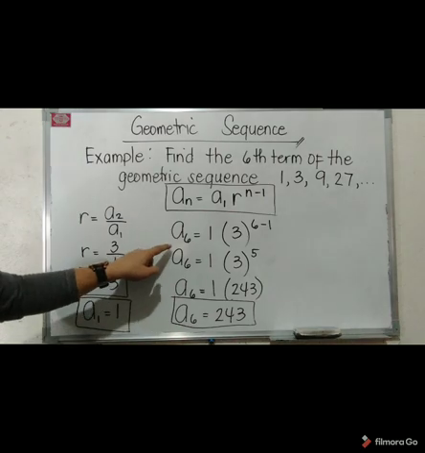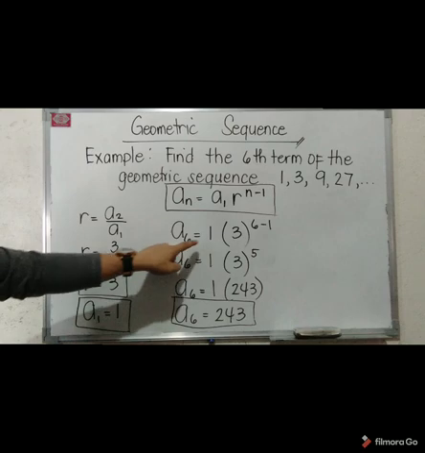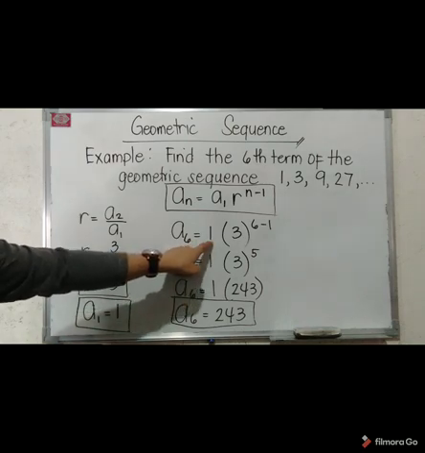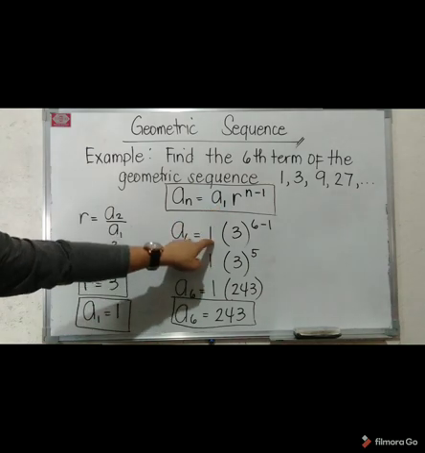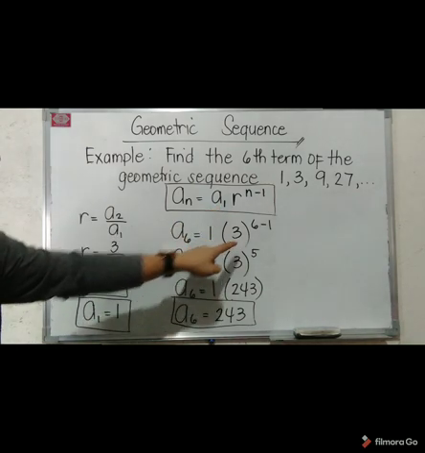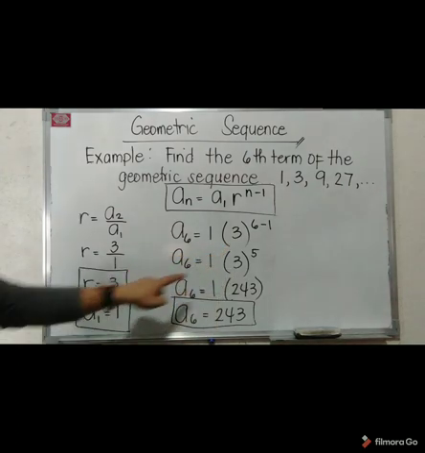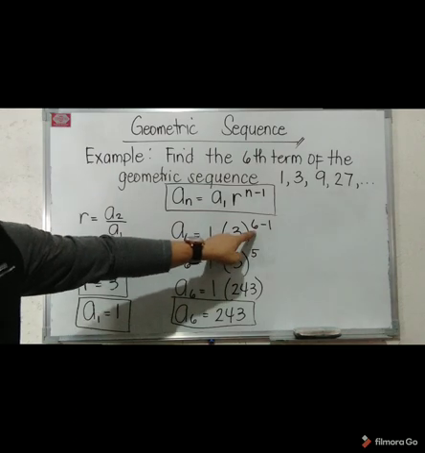So, dahil a sub 6 ang ipinapahanap, so we have a sub 6 equals 1. Bakit 1? Kasi a sub 1, di ba? Ang a sub 1 ay 1. Next, times common ratio. Ang common ratio nating na-compute ay 3. So, this is 3 raised to n minus 1.